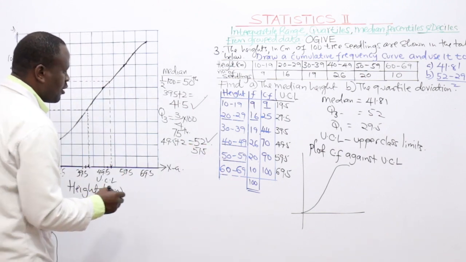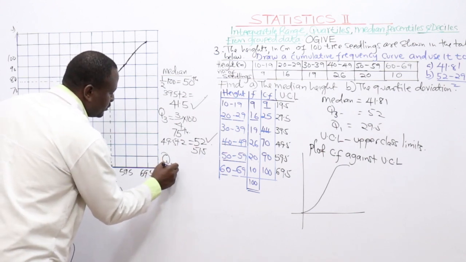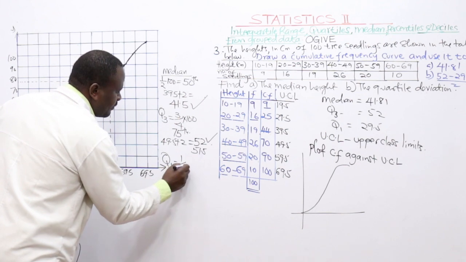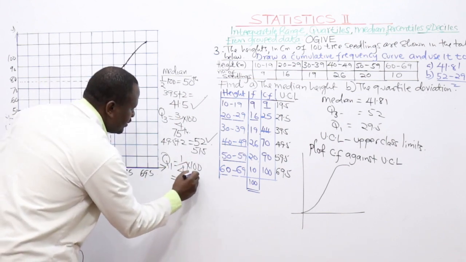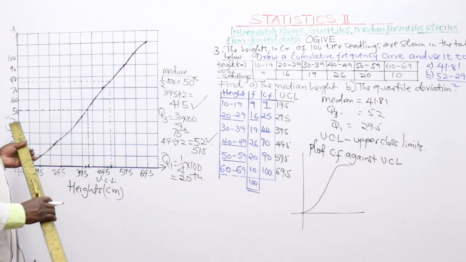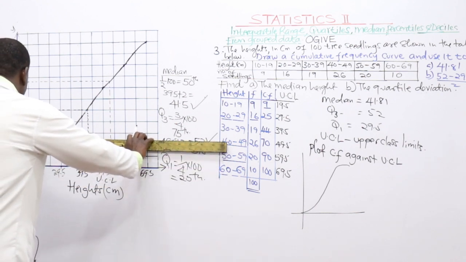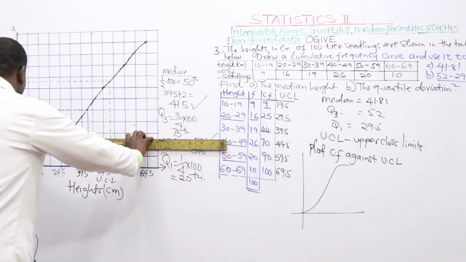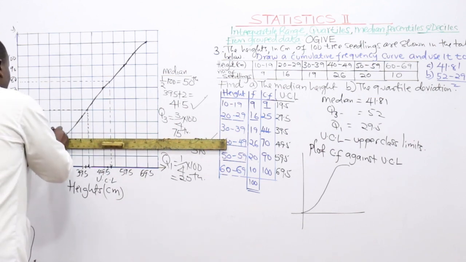Now, what about the lower quartile? A quarter of 100 is the 25th. The 25th item happens to be exact. It's on the line, which is so good.